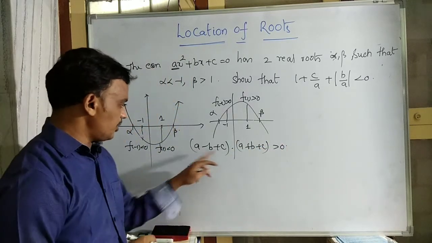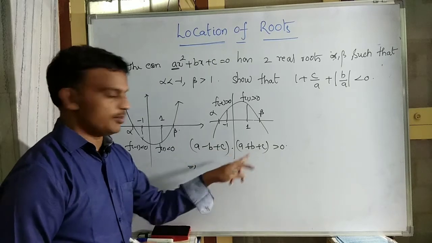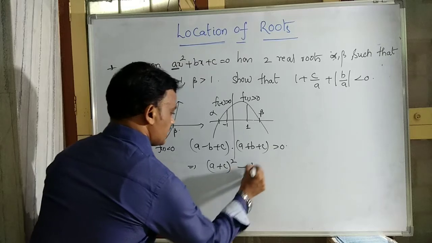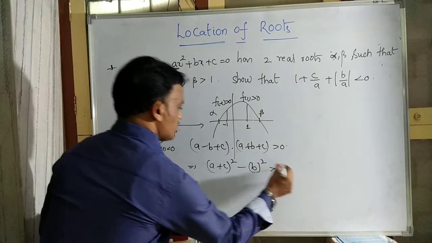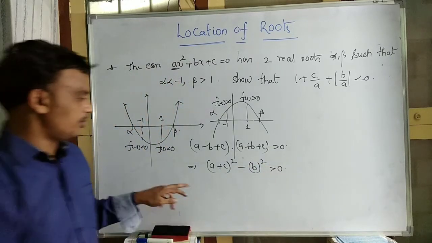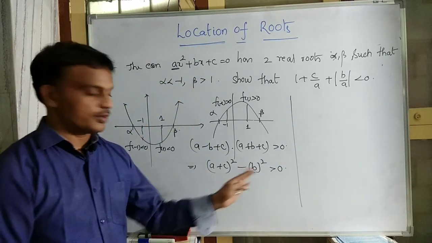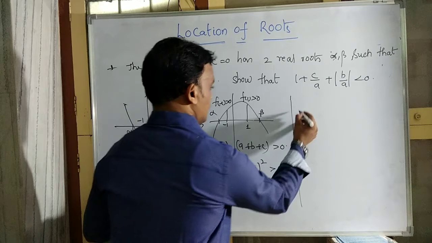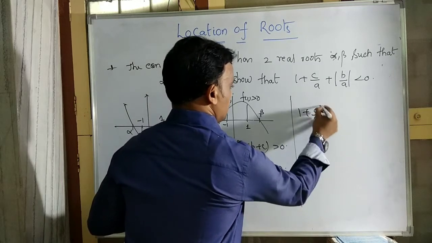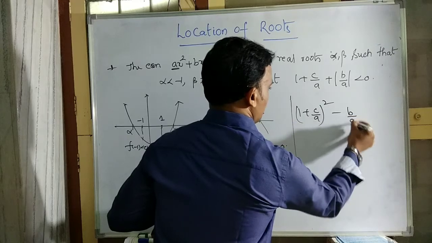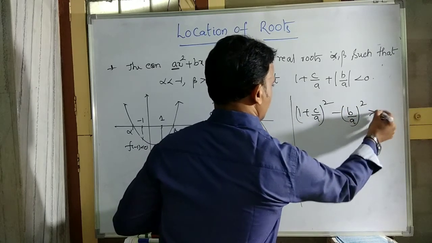So it is in the form of a plus c minus b, a plus c plus b. I can write it like this: a plus c whole square minus b square is greater than 0. Simplifying this, dividing by a square on both sides, I get 1 plus c by a whole square minus b by a whole square is greater than 0.